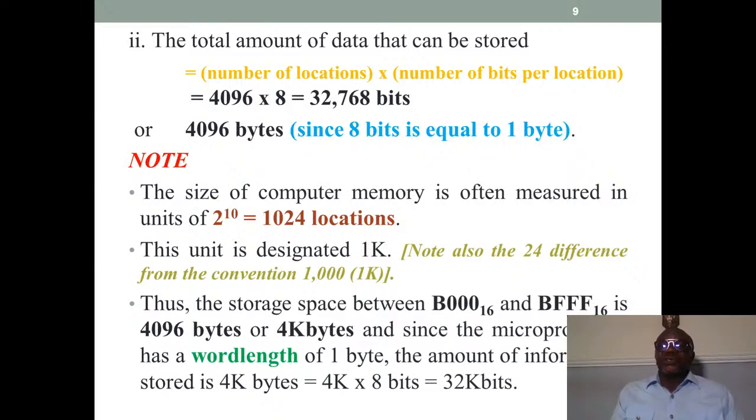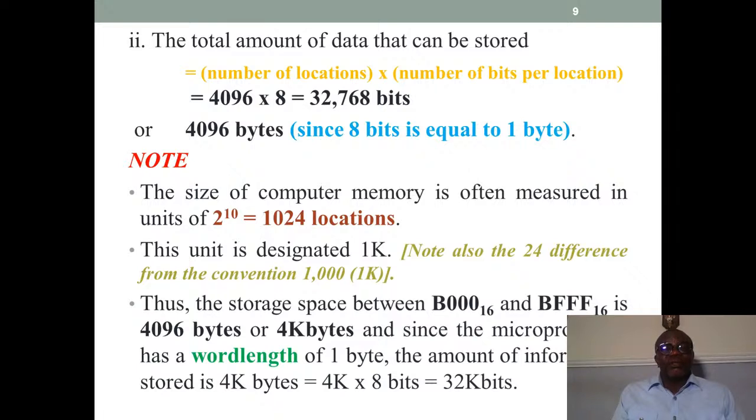So note also the difference from the convention: you normally know that 1,000 is called 1K. But for the binary or computer memory, when we say 1K, there is always a difference of 24 on top.